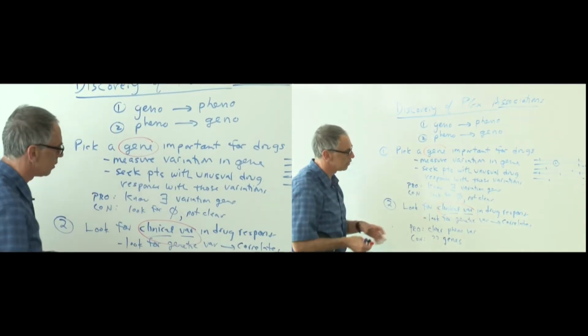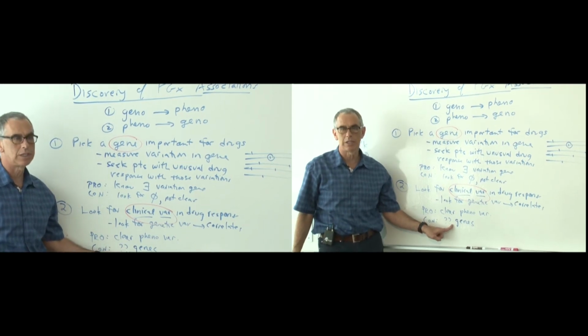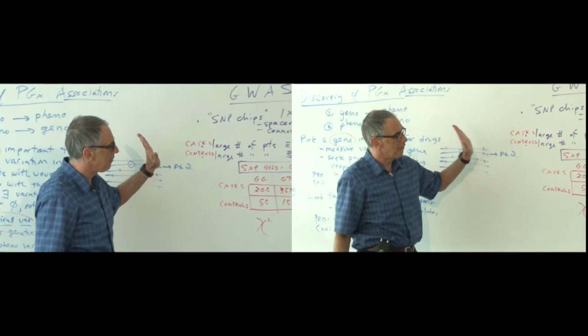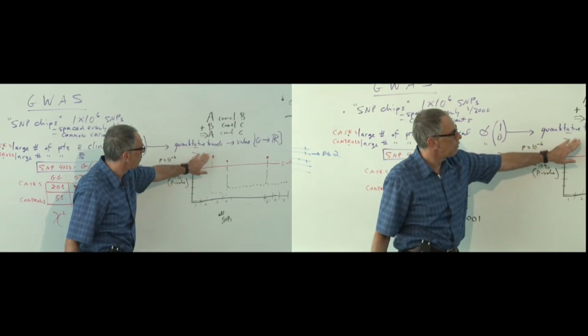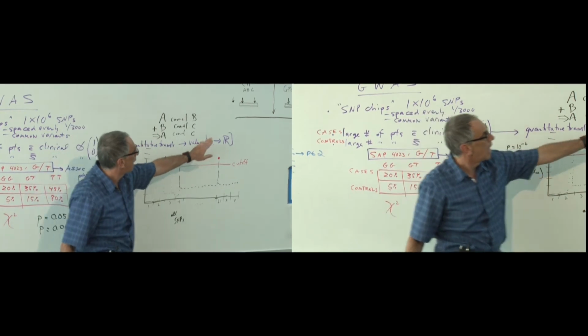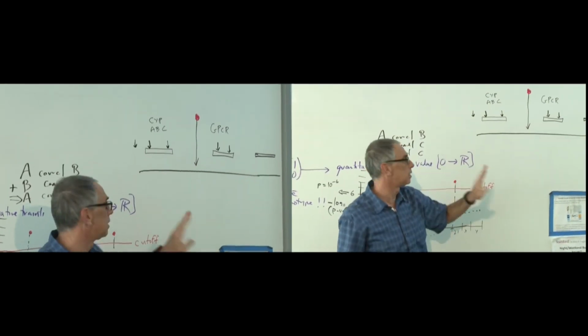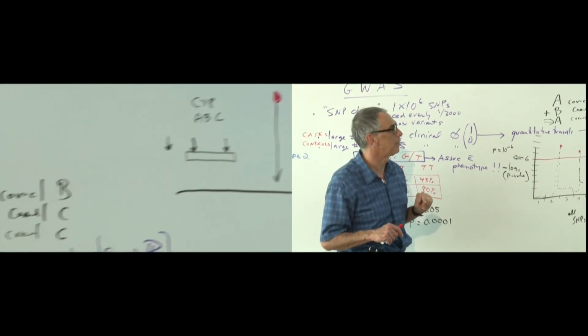I'm going all the way to the other side of the board. You had this clinical variability, but you had no idea what genes to look at. You did this GWAS. You went to every piece of the genome looking for an association. You found 3 regions worth studying. And then you looked, and you now are focusing in a very focused way on 2 or 3 genes in each of these regions, or 5 or 10, but it's way less than 25,000.